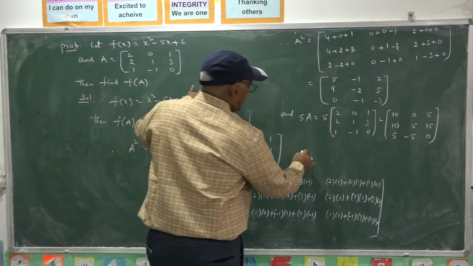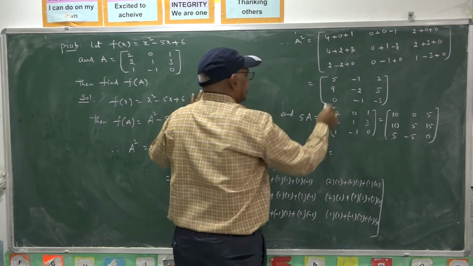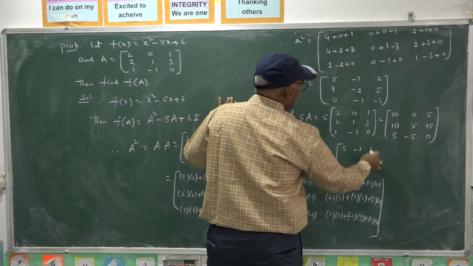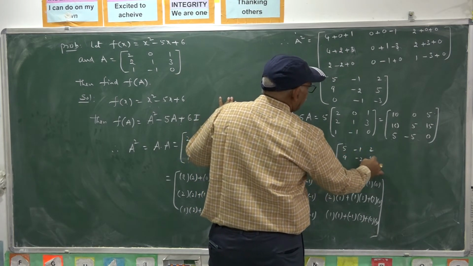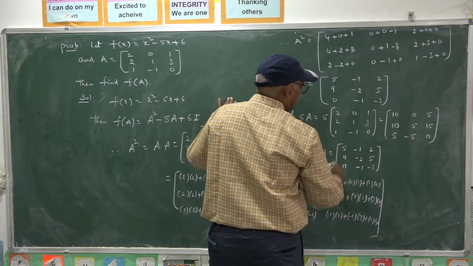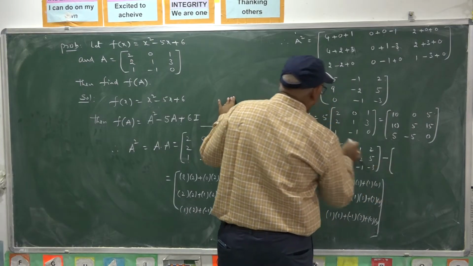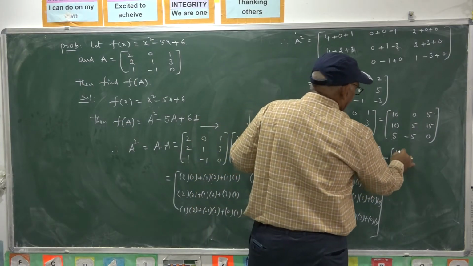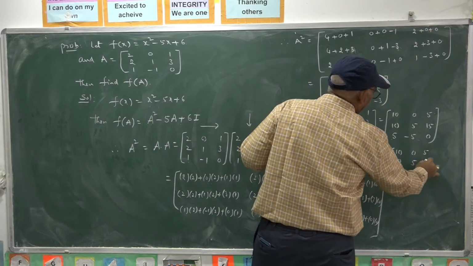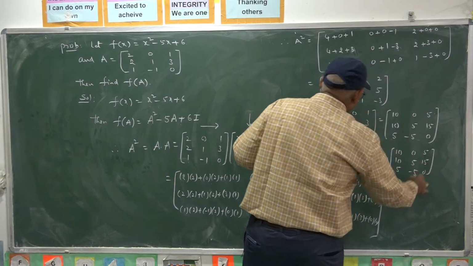So f of A equals A square, that means 5, minus 1, 2, 9, minus 2, 5, 0, minus 1, minus 3. This is A square minus 5A. 5A is 10, 0, 5, 10, 5, 15, 5, minus 5, 0.